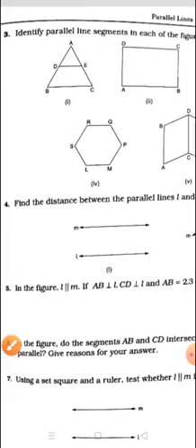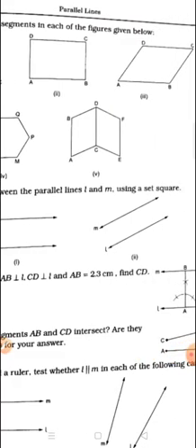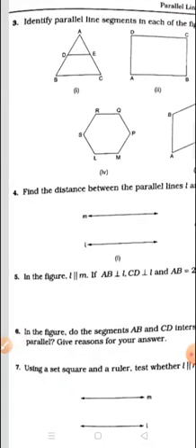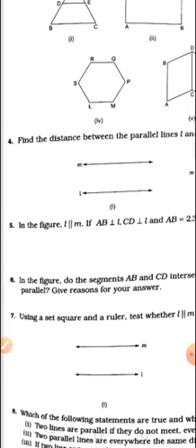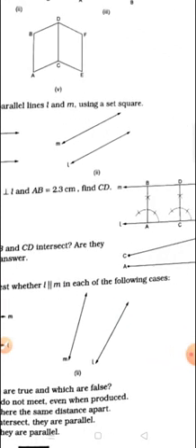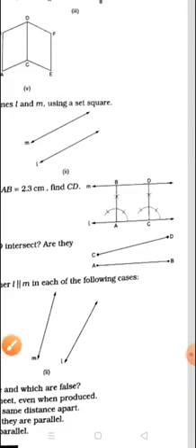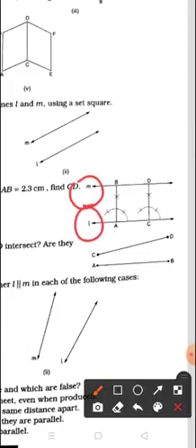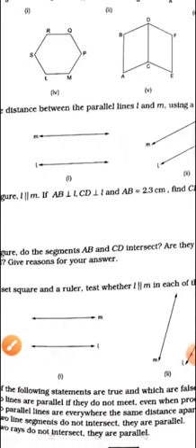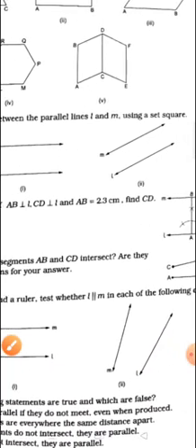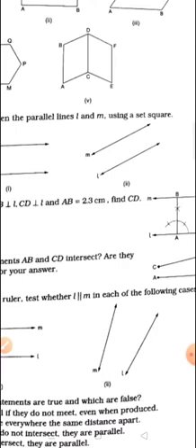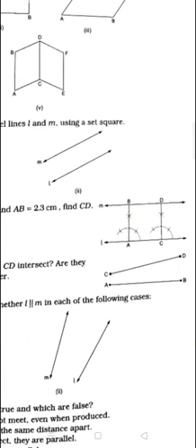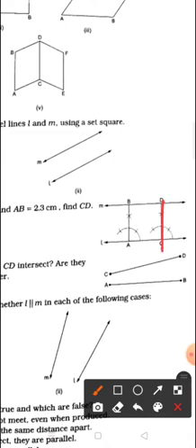Question 4. Find the distance between the parallel lines L and M using a set square. Use the set square and find the distance. Question 5. In the figure, L is parallel to M. If AB is perpendicular on L and CD is perpendicular on L and AB equals 2.3, find CD.